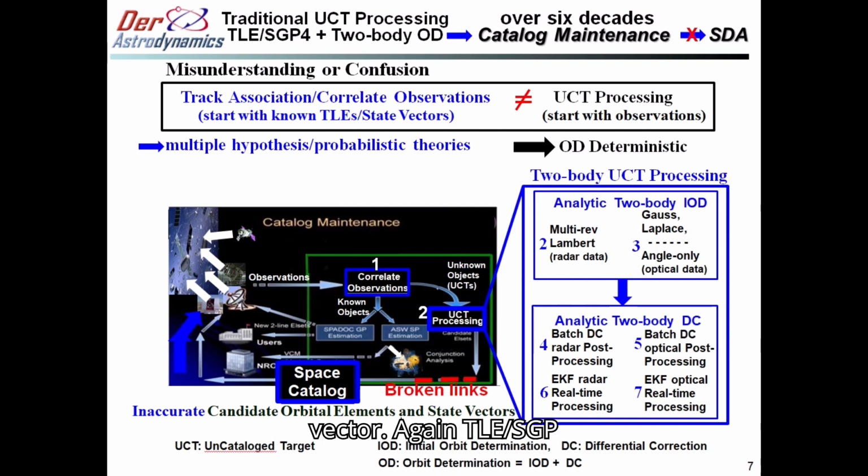Again, TLE HB4 plus two-body orbit determination in UCT processing lead to inaccurate state vectors and, in turn, difficulties for catalog building and poor space domain awareness (SDA) performance.